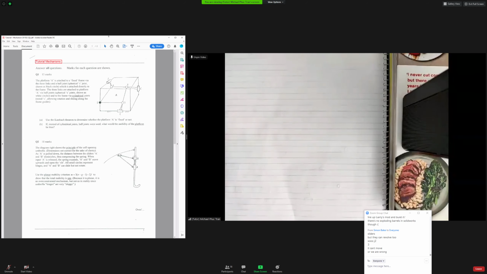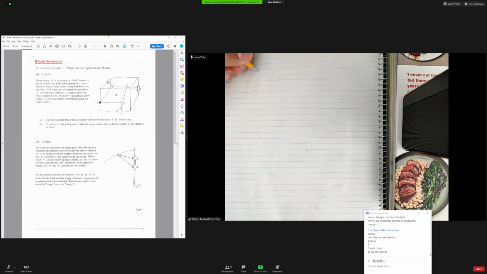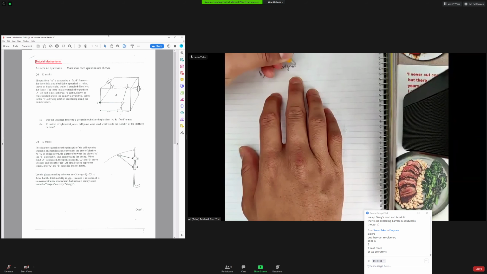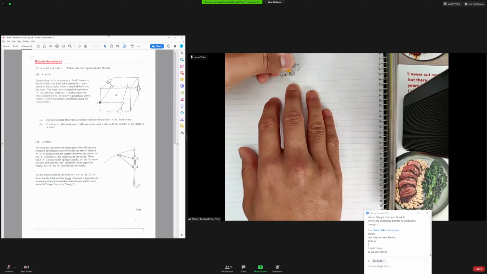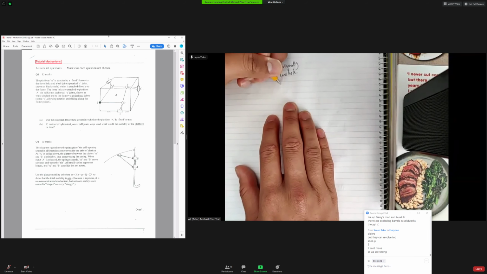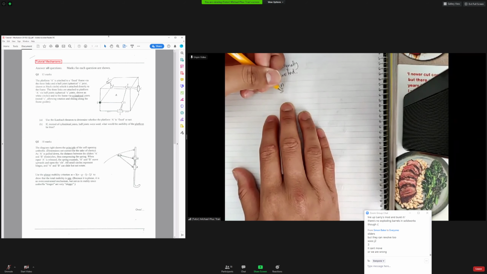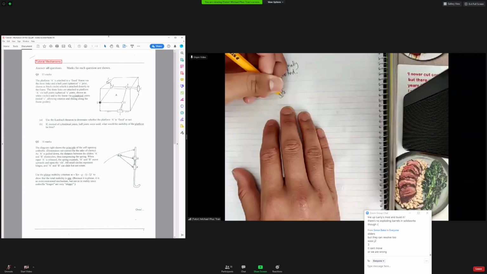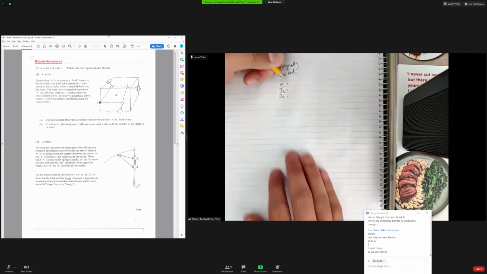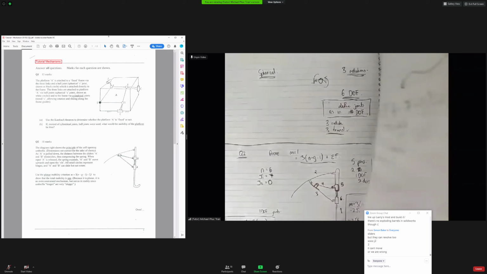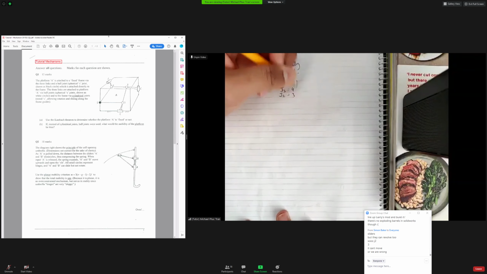The second part of it says, if instead of cylindrical joints, ball joints were used, what would the mobility of the platform be? So, part B. Originally we had N equals 5, J3 equals 4, and J2 equals 3.